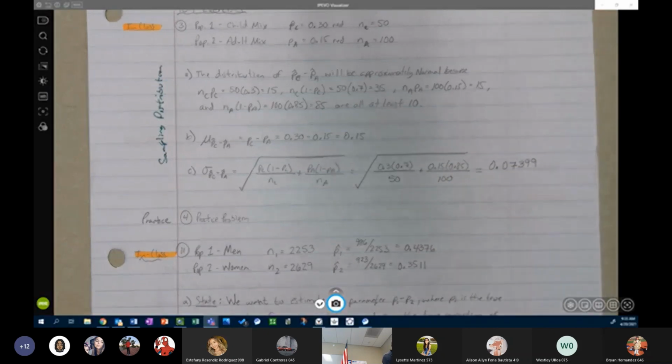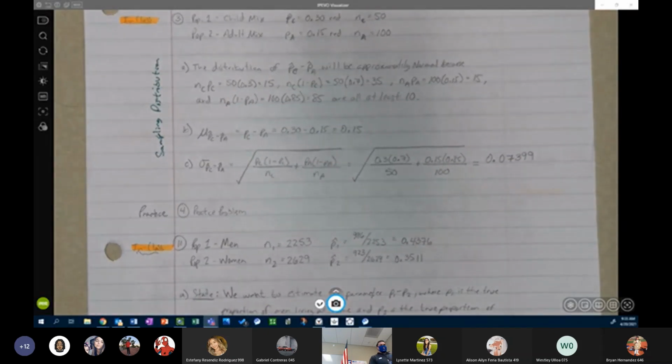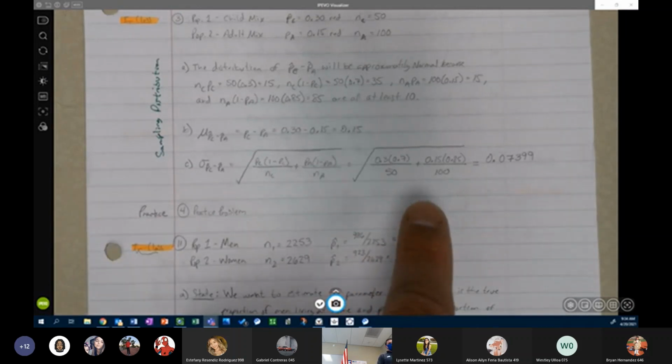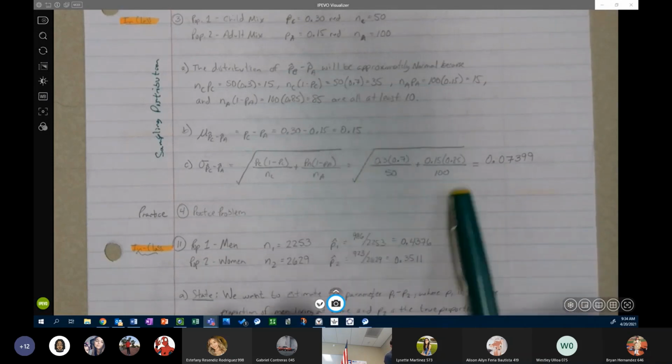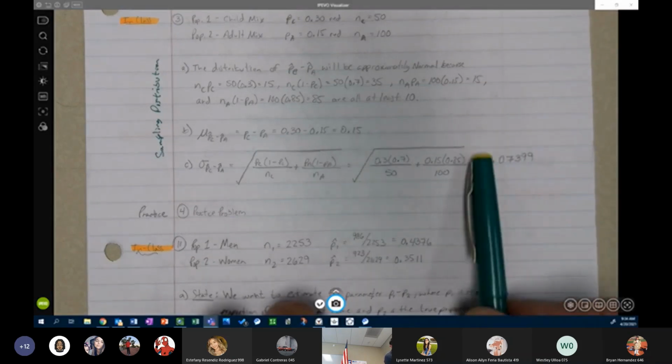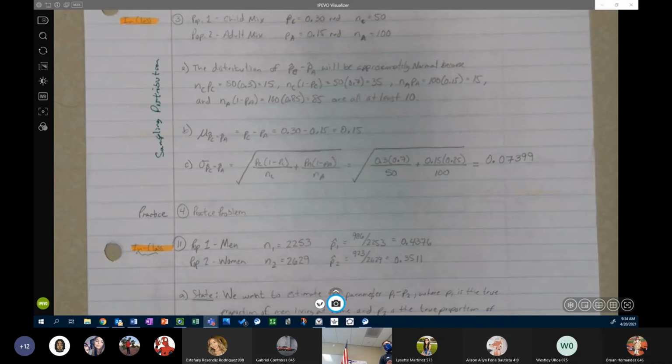And we get this fun decimal, 0.07399. If you round that to 0.074, that's totally fine. I didn't tell you how many places to keep. And showing your work, showing this part here, helps make this correct, even if you round it weirdly.